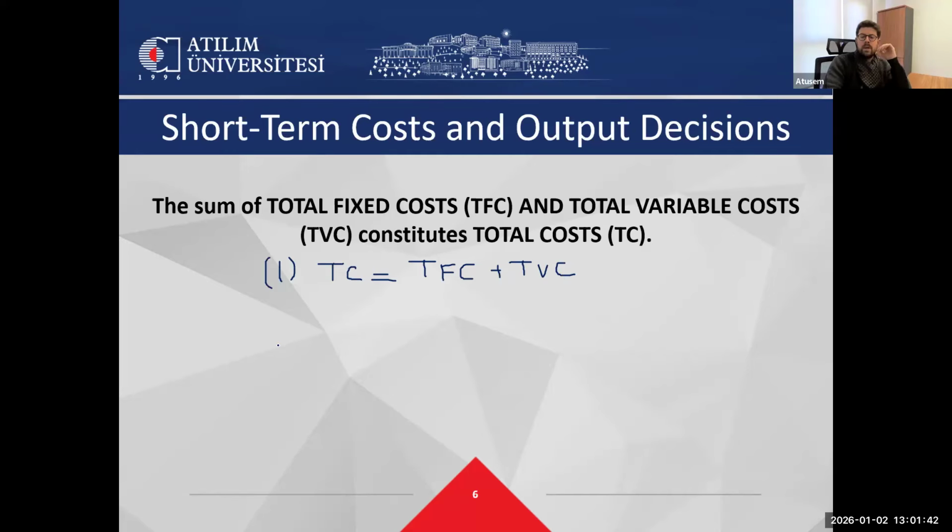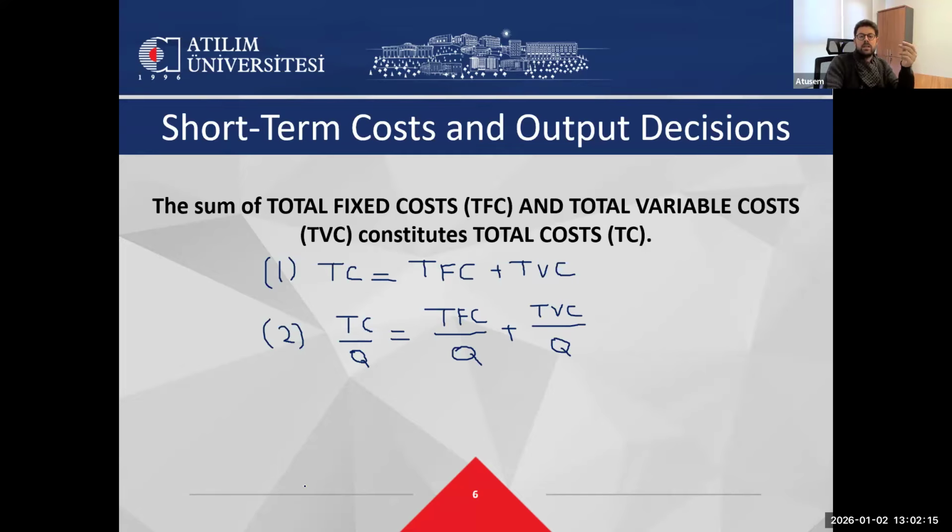Then I'm able to divide all parts by the quantity. Okay. Total cost divided by quantity equals total fixed cost divided by quantity plus total variable cost divided by quantity.